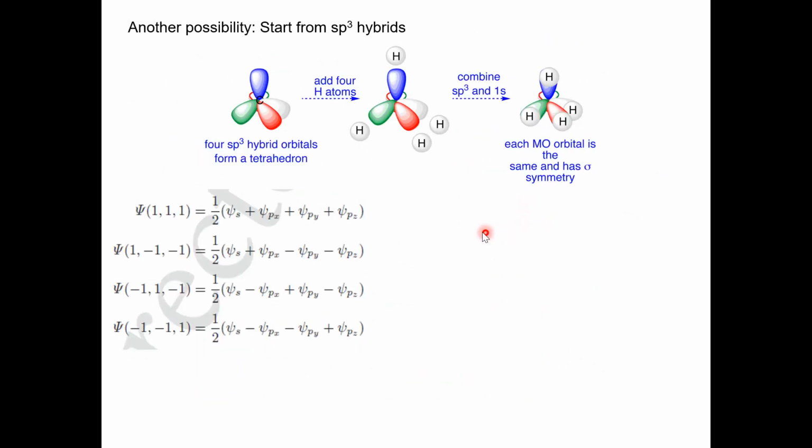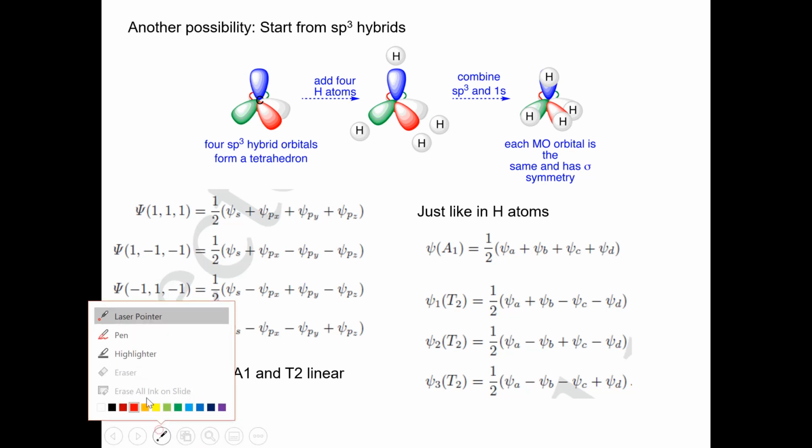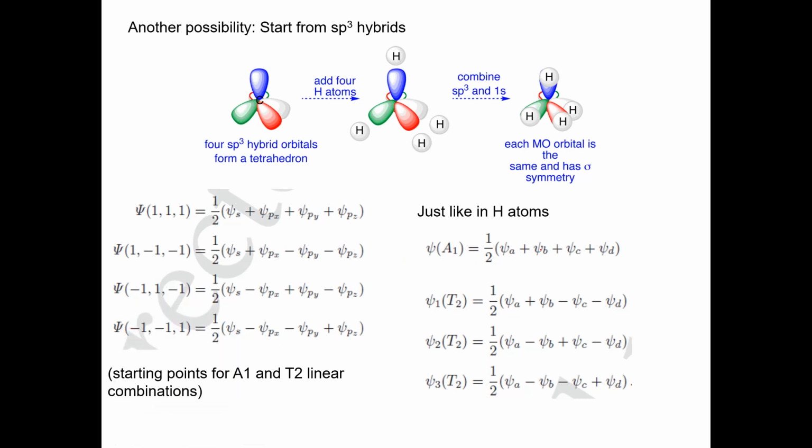So let's start. This is what I have just said. Let me see how this develops. So psi A, psi B, psi C, and psi D. And let's see what's the result of doing all these 4 different types of linear combinations. So for instance, for the A1 representation, the totally symmetric, I sum all of them, right?